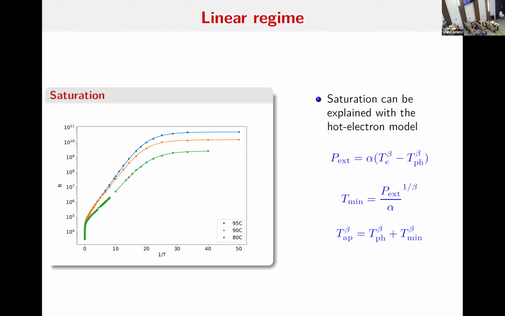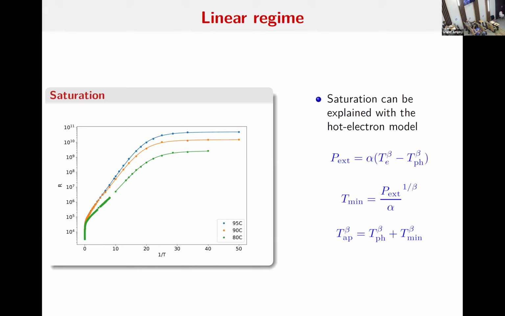Before that, just a small thing: I talked before about saturation. There are many types of saturation. Of course, it can be saturation by the resistance of the apparatus, but this is not the case here because the resistance is different. The saturation here can be explained nicely by the hot electron model. If you have external power, then with these equations you see that the temperature at the end is not the temperature that you think.